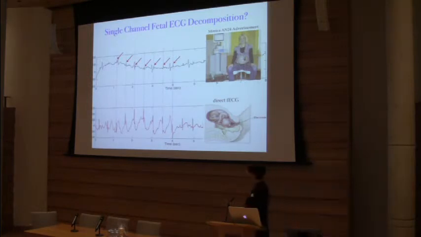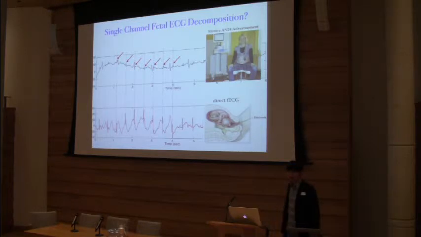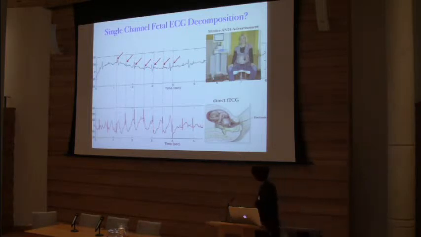The first slide is about this single channel fetal ECG decomposition problem. And in this society, I think I don't need to say too much. So this is how you get a signal. You put this on the maternal abdomen, and this is the signal you get. I know there are some Monica people here, so thanks for providing this beautiful image online.